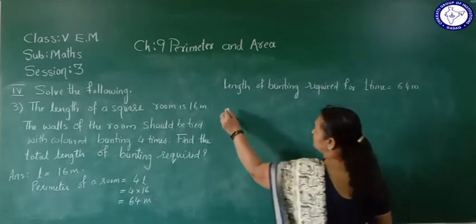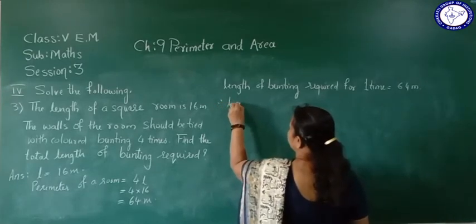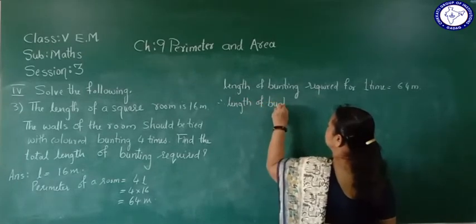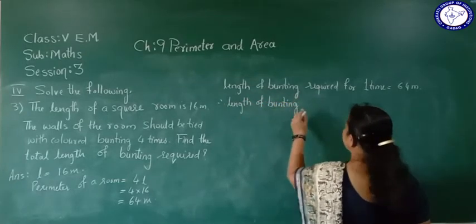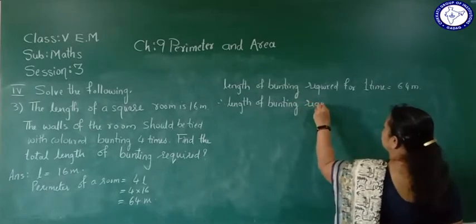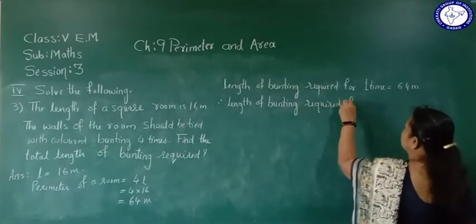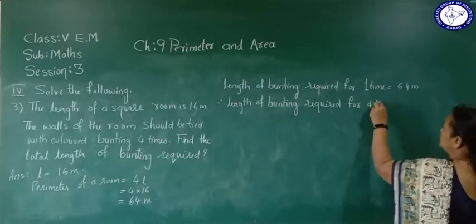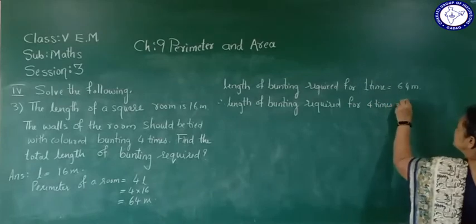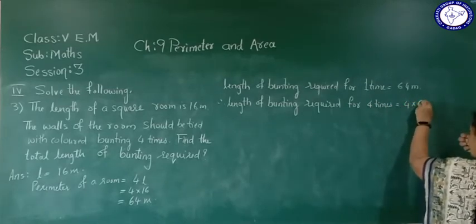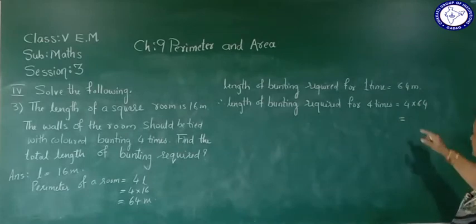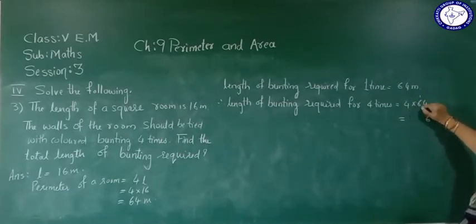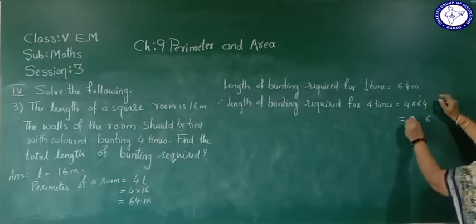Then therefore length of bunting required for 4 times equals 4 into 64. 4 4s are 16, carry 1. 4 6s are 24. 24 plus 1, 25.